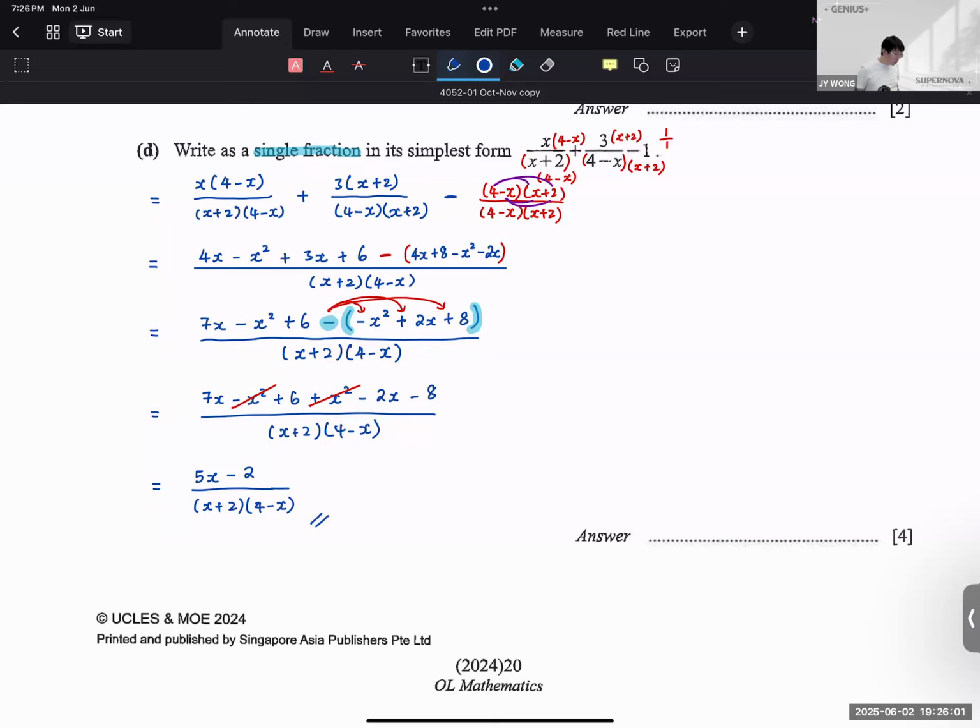Any question here? It's a 4 mark question, but actually not very challenging. You just need to make sure you do everything systematically. The most common mistake that students will make with this kind of question is what? There's a minus, you never put bracket, and therefore you never change the sign. That is the most common mistake already. So always make sure you remember to change the sign.